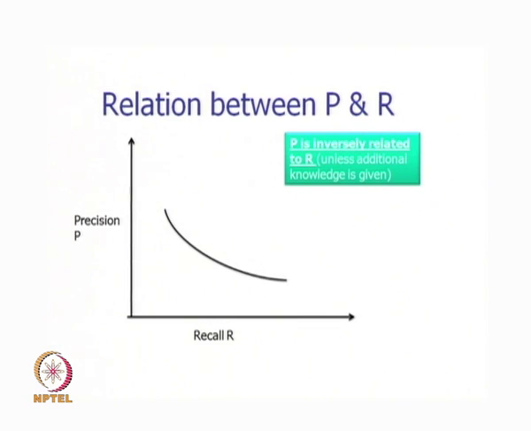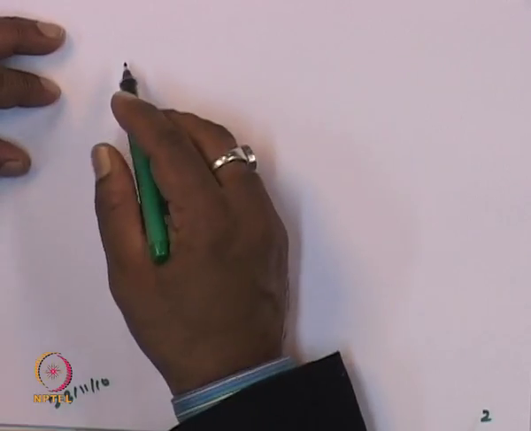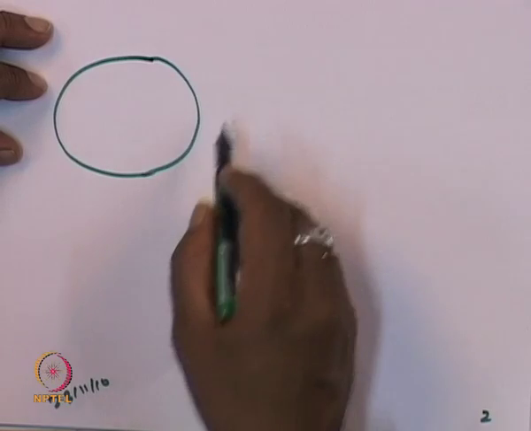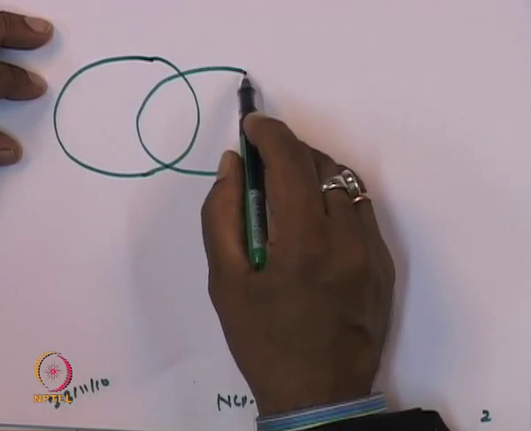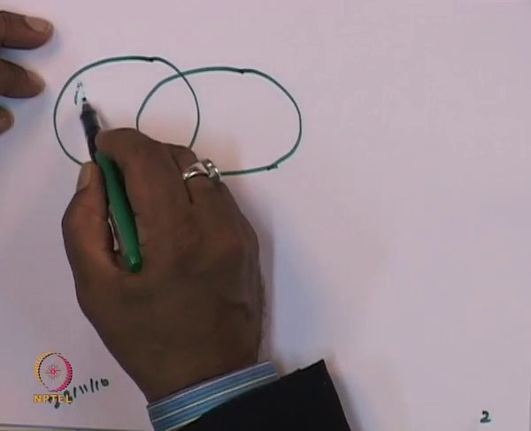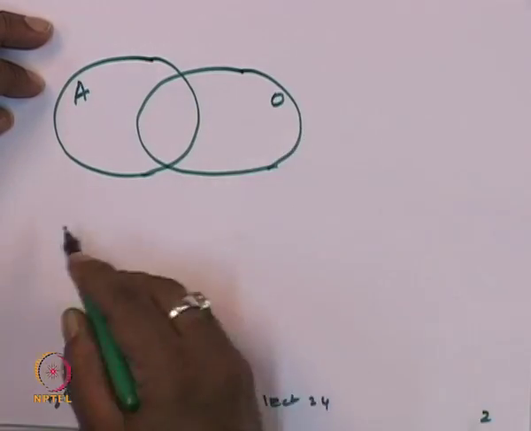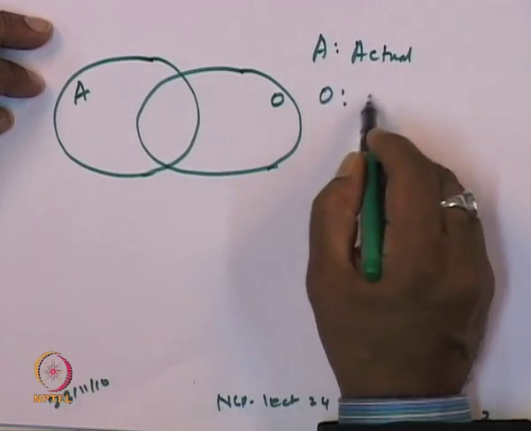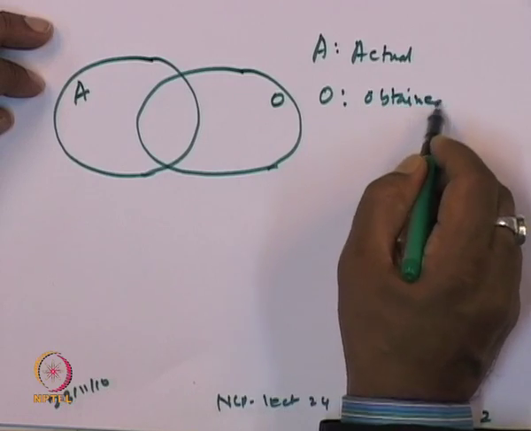We would like to show it on the paper. We have already seen that precision and recall are computed from the actual and obtained entities. So, this set is A, this set is O, A is actual and O is obtained.